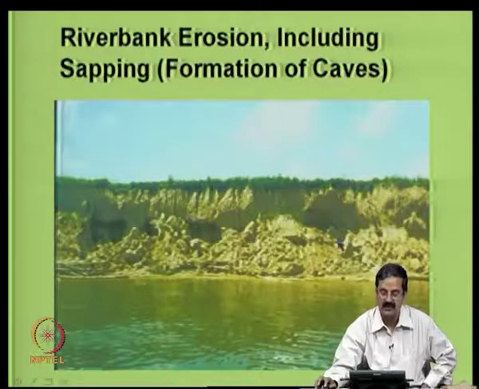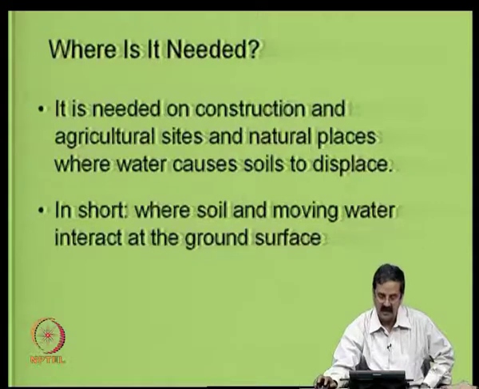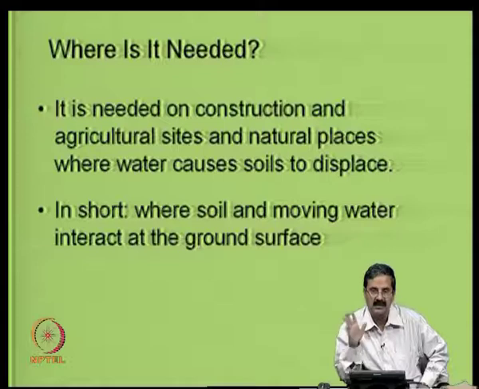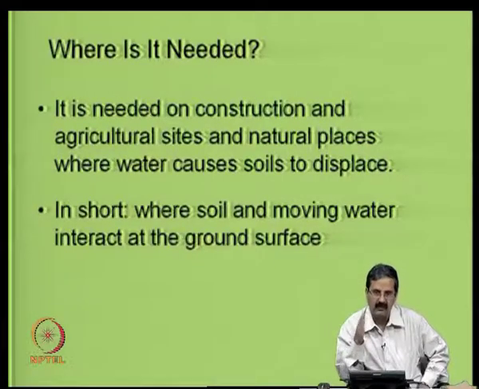So this is called erosion, and erosion control is required in many places where water leads to instability in soils, particularly in agricultural sites, natural slopes, and some places like that. And we need to see that wherever there is an interaction between the soil and moving water, the soil should not move. That is an objective. We should see that only the water flows comfortably, the soil should not move. That is an objective here.